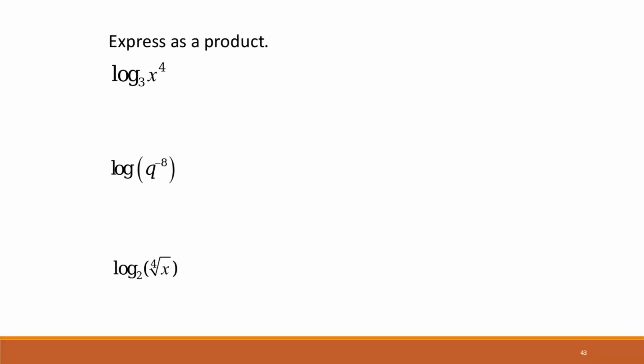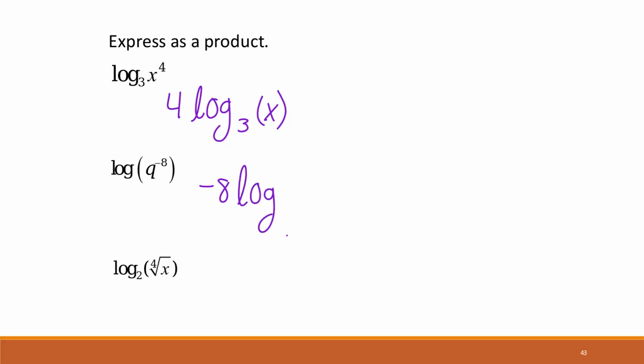If I have log base 3 of x to the 4th, 4 is my power, so I can do 4 times log base 3 of x. So it becomes a coefficient essentially in the front. Same thing here. If we have negative 8, this would be negative 8 log of q.